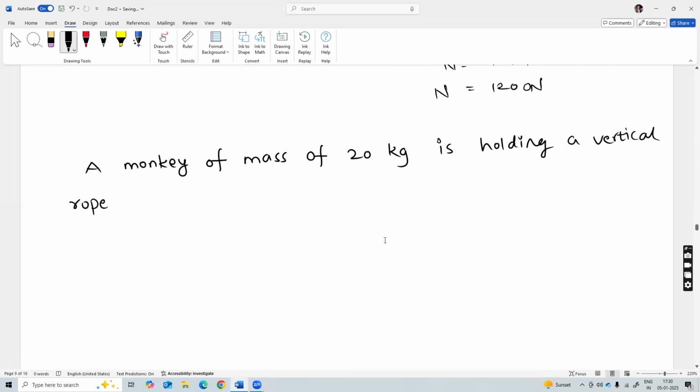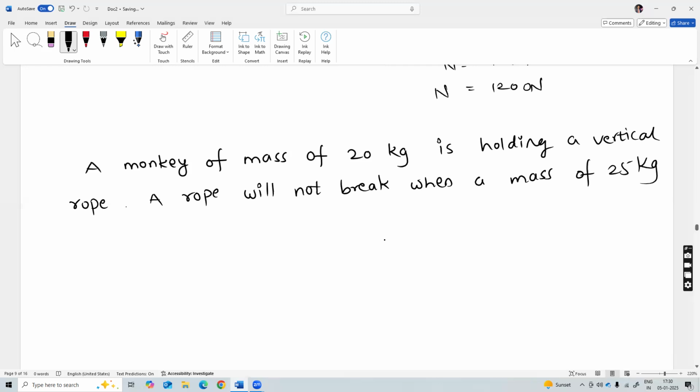A monkey of mass 20 kg is holding a vertical rope. The rope will not break when a mass of 25 kg is suspended from it, but will break if the mass exceeds 25 kg.